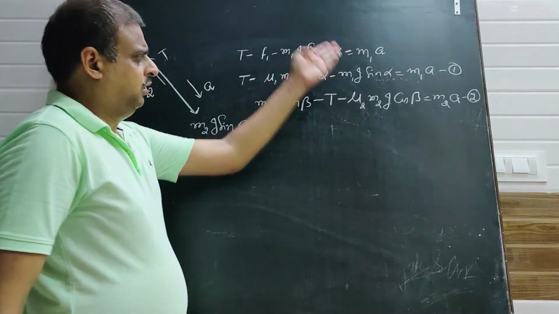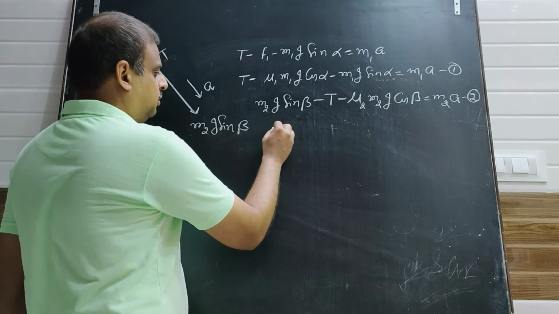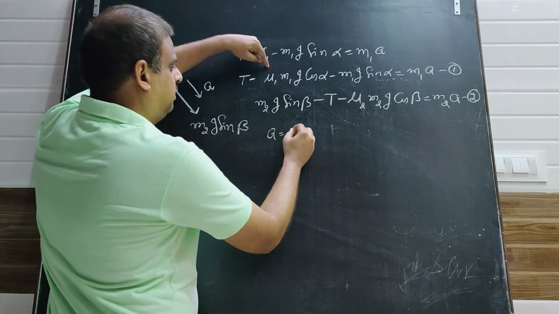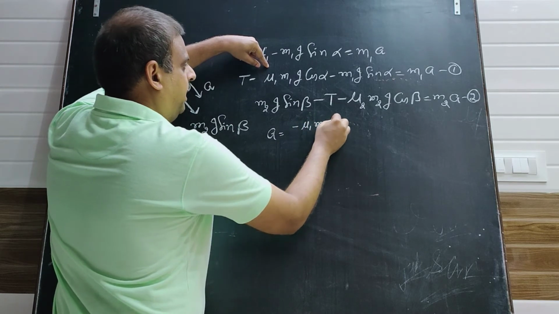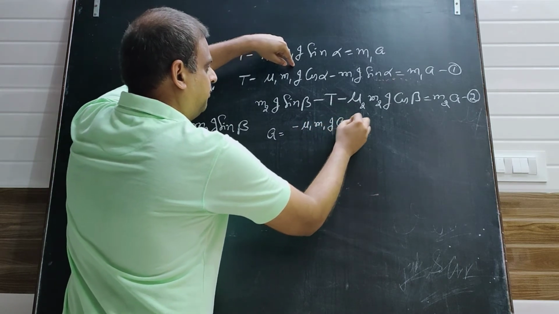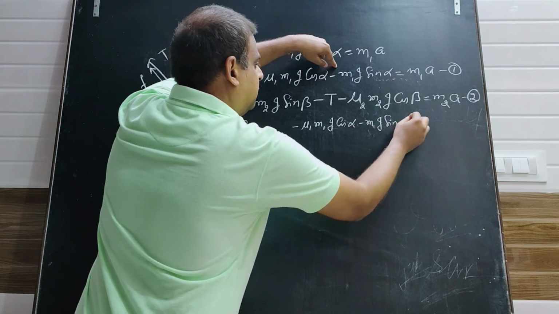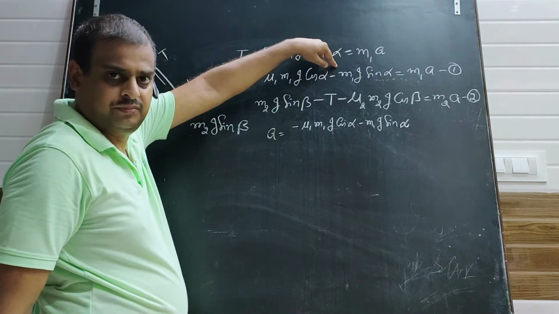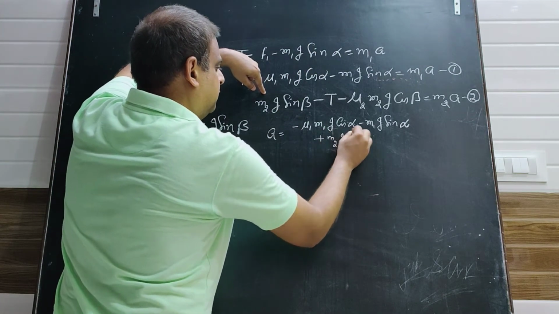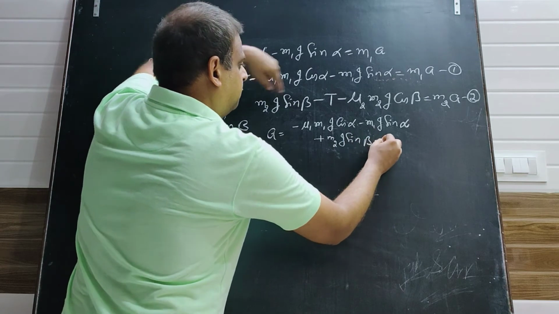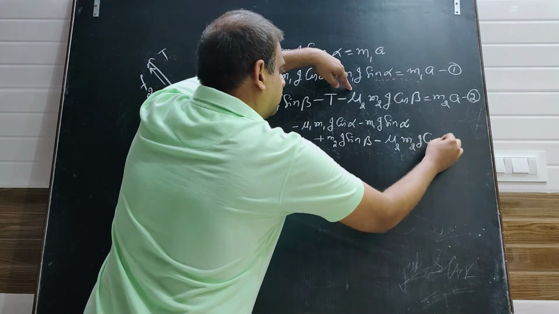Okay, simply add these two equations. This T will cancel with this T. So value of acceleration will be equal to minus mu1 m1g cos alpha minus m1g sin alpha plus m2g sin beta minus mu2 m2g cos beta.